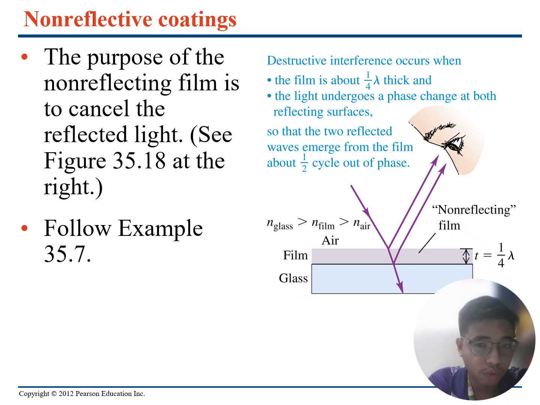As a result, image brightness and clarity are significantly improved. This application demonstrates how interference principles can be used to solve practical problems and enhance the performance of modern optical technologies.